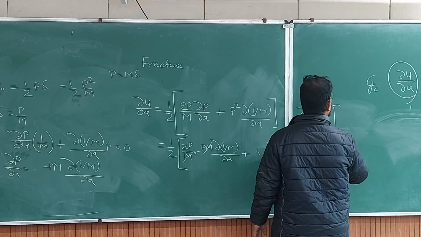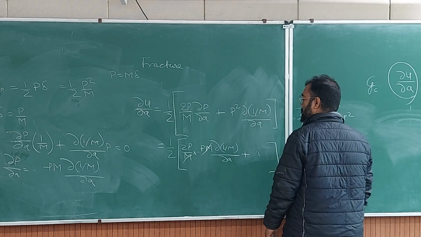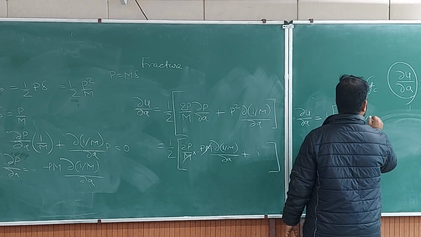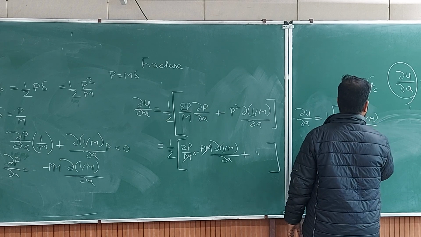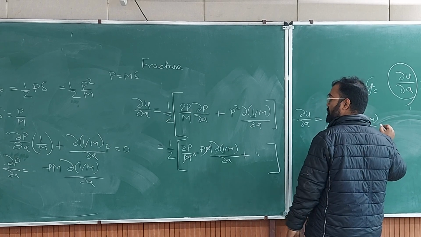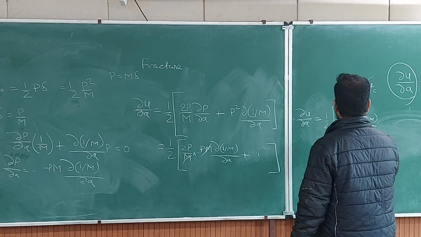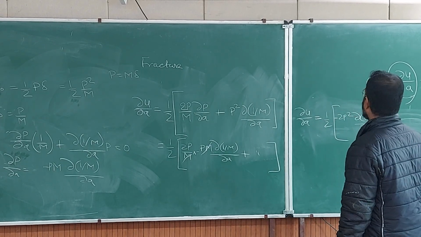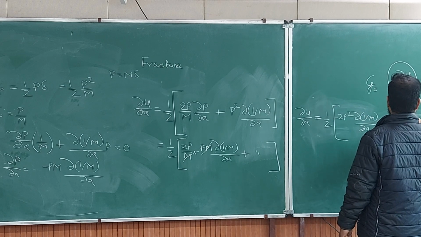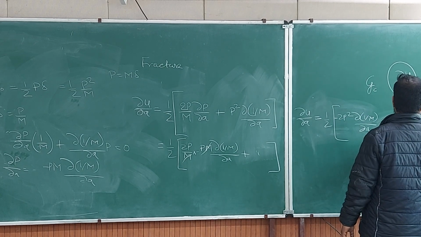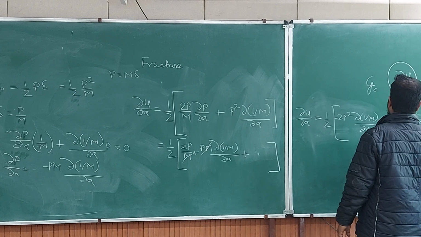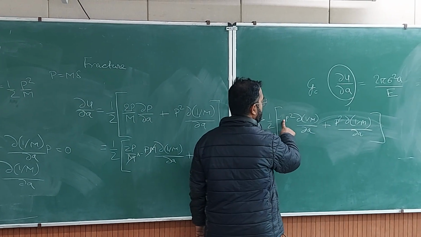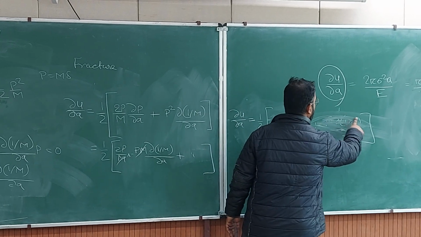Half, and then we have 2P square del of 1 by m by del A, with a minus, and then we have plus P square. So then we'll have the negative of this, and that's it.